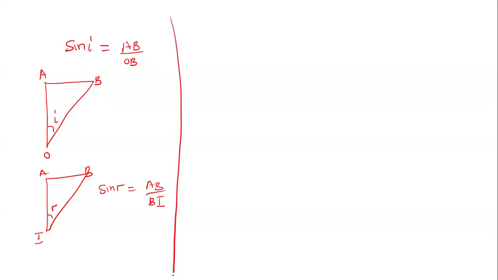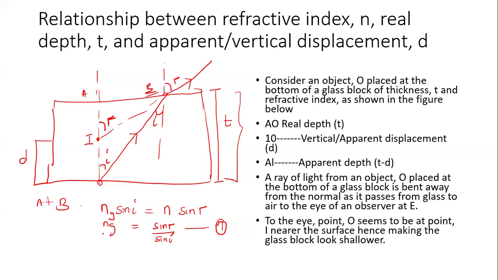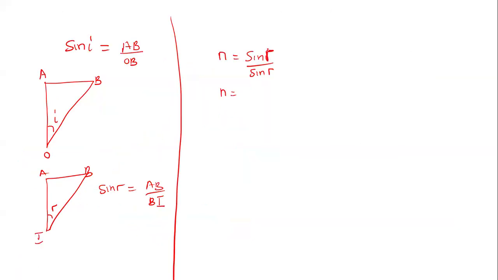Remember from our previous slide that N of glass is sine R out of sine I. So sine R is AB out of BI, divided by sine I, which is AB out of BO.